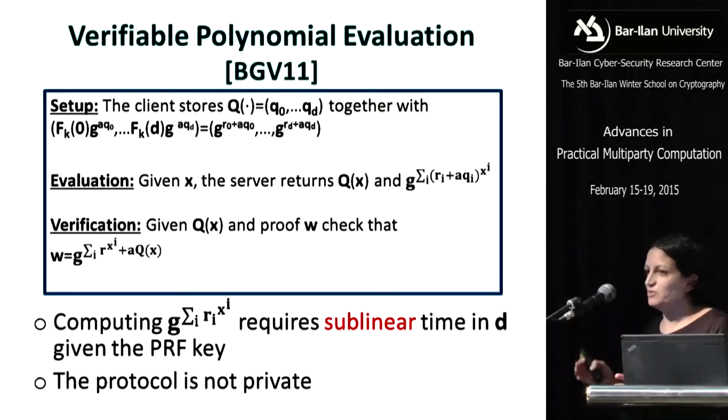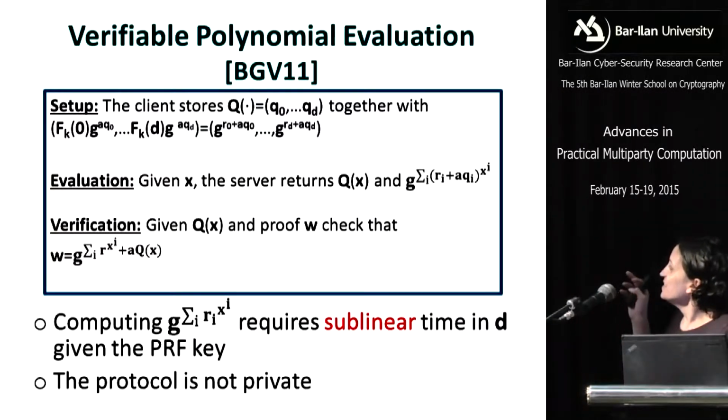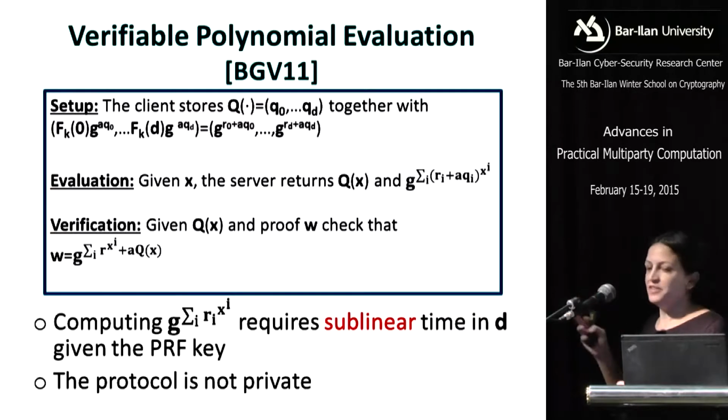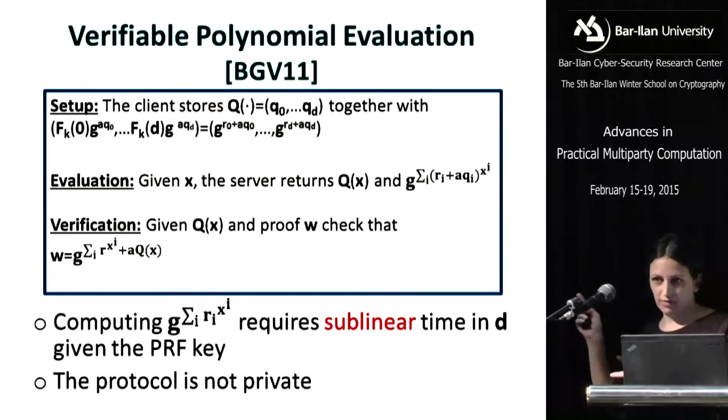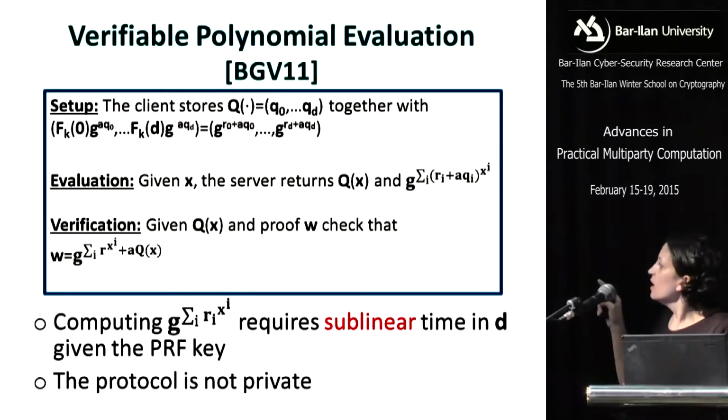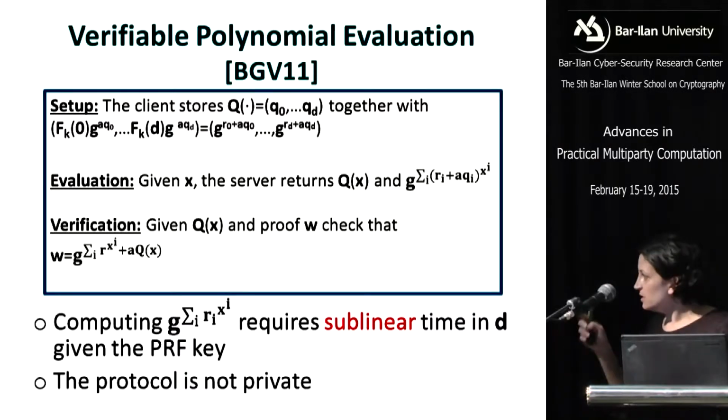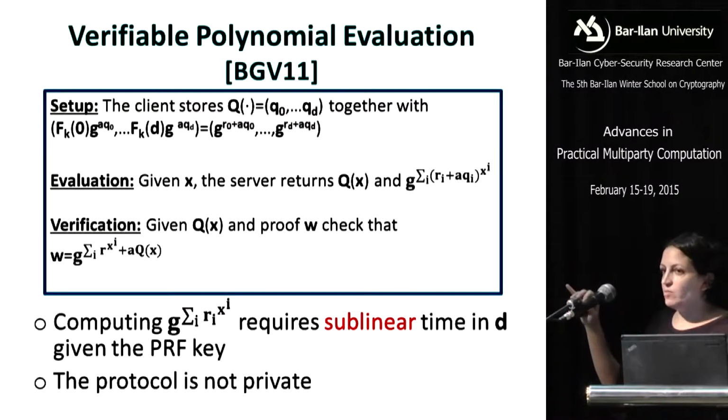Okay. Now you see the box we just saw before. So in the verification phase, the client has q of x, right? That's the polynomial evaluation, and he has some proof W. So what would he verify? He verifies that W equals the sum of, right?